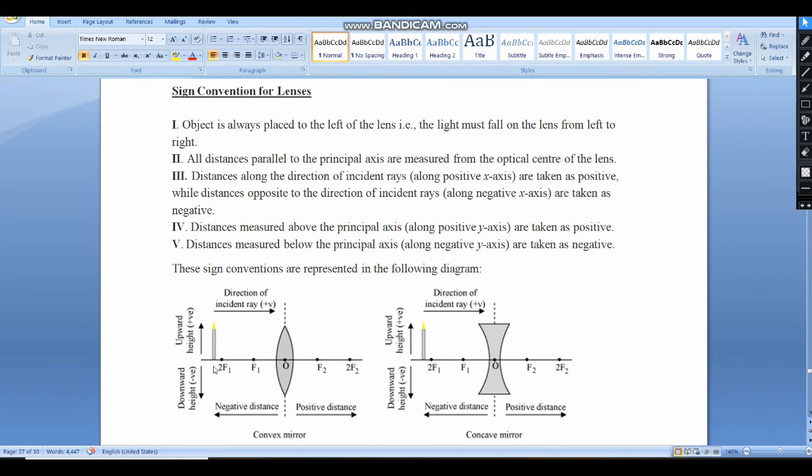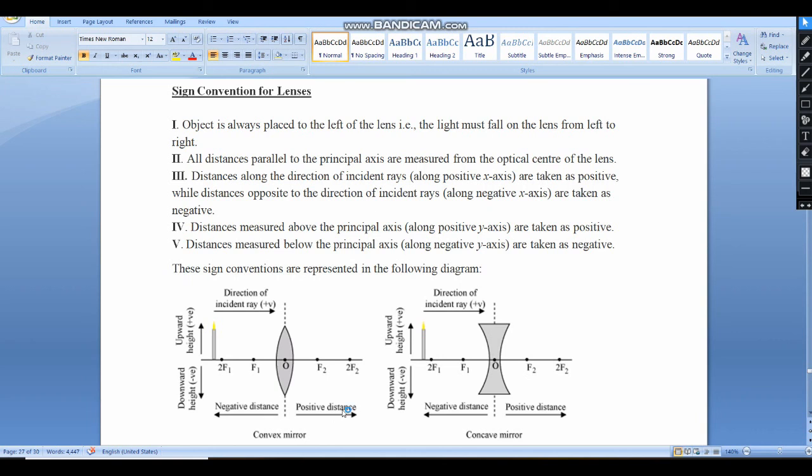Object distance, that is u, is negative because we measure the distance from point O in the opposite direction. When we measure the distance from point O to F2, in that direction, it is positive.